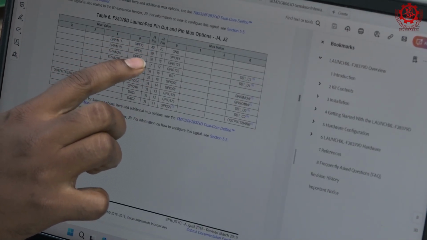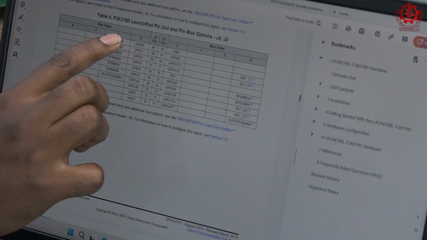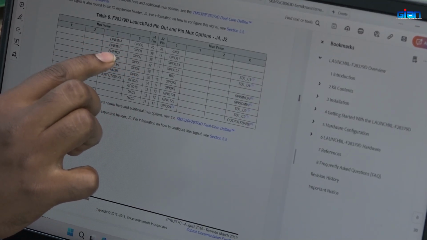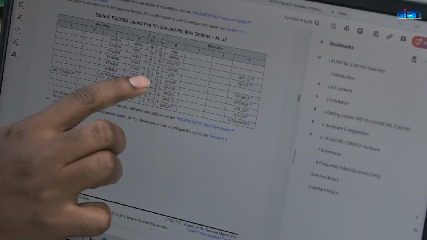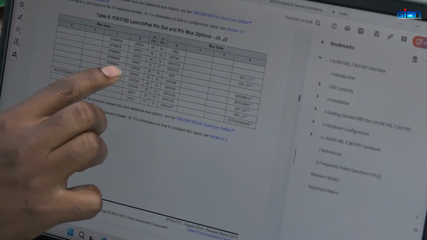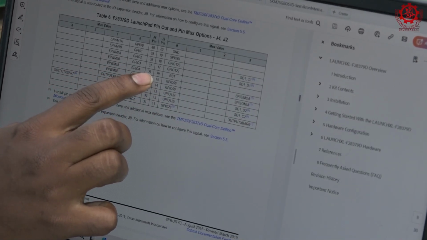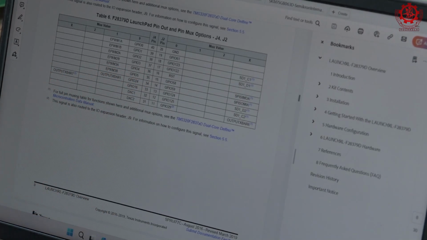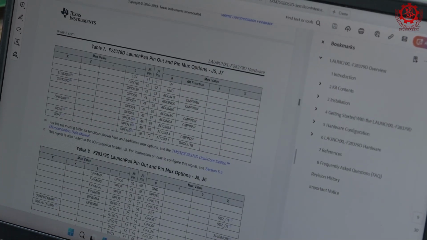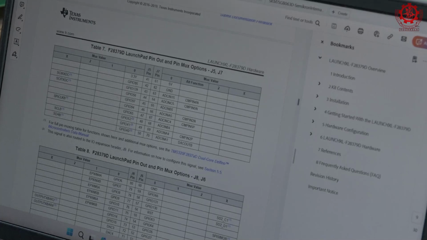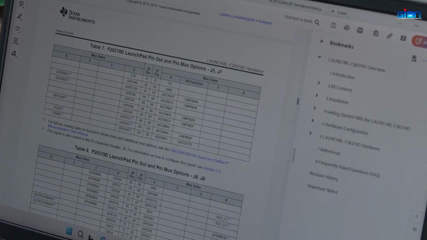GPIO 2 will be active when we give logic 1. EPWM2A will be active. If you want to use EPWM3A, GPIO 4, pin 36, it will act as EPWM3A. After that I use one more, because we need 4 signals, since we are giving a phase shift between the legs and also between the two bridges.